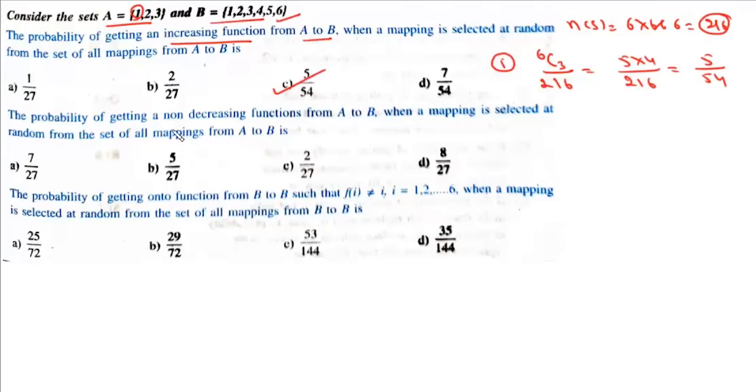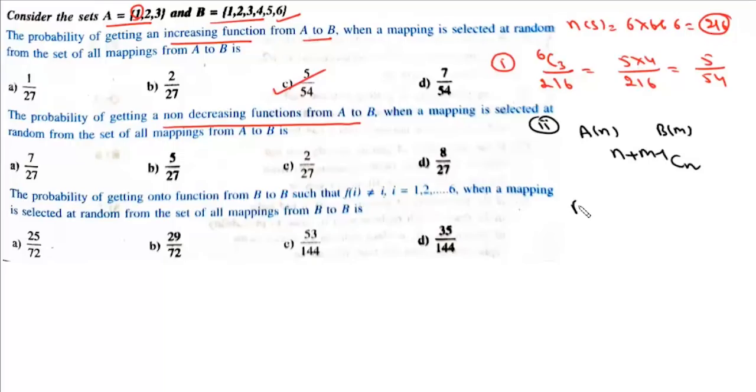Now, the second one is probability of getting a non-decreasing function from A to B when a mapping is selected at random from the set of all mappings. Non-decreasing or non-increasing mappings, we have already studied in one of the previous videos. The fundamental is, if we have two sets A and B, A containing n elements and B containing m elements, then the number of non-increasing or non-decreasing functions is given by (n plus m minus 1)Cn.